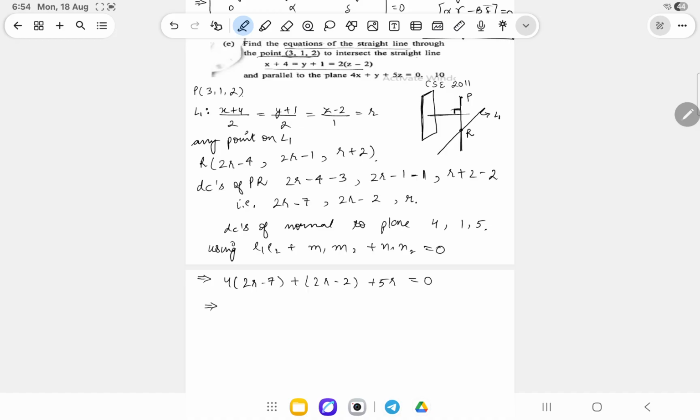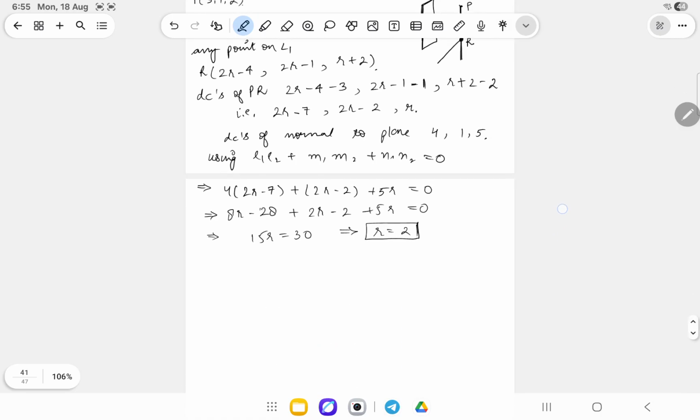So I got 8r minus 28 plus 2r minus 2 plus 5r equals 0. If I simplify it, I get 15r equals 30. So I got r as 2. Then I can calculate the coordinates of point R. So my point R is (0, 3, 4).